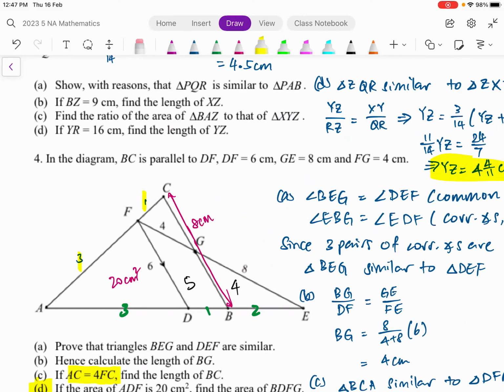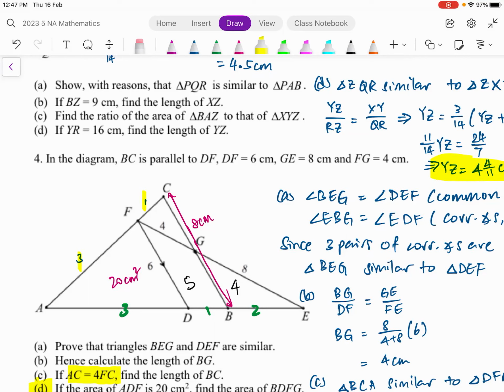Agree with that? So I am able to find the relationship between this triangle AFB versus ACB also. Okay, so 3, 1. Likewise over here, also 3 and 1.